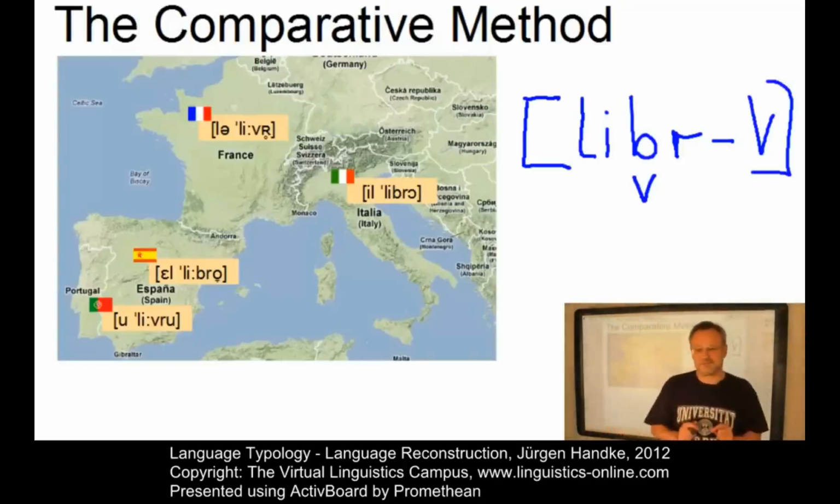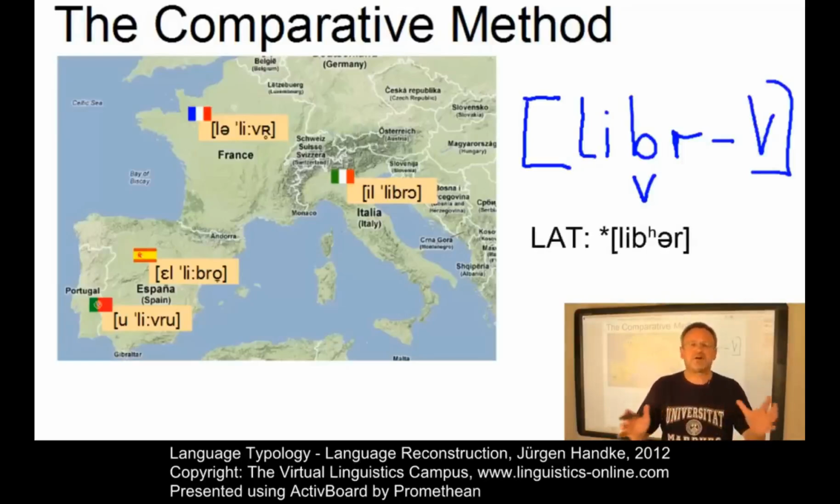If Latin, the common ancestor language to these Romance languages, no longer existed, it would thus be possible to reconstruct a proto-word such as liber or livre, perhaps with a schwa between lib and r, in order to ease the articulation of the word.